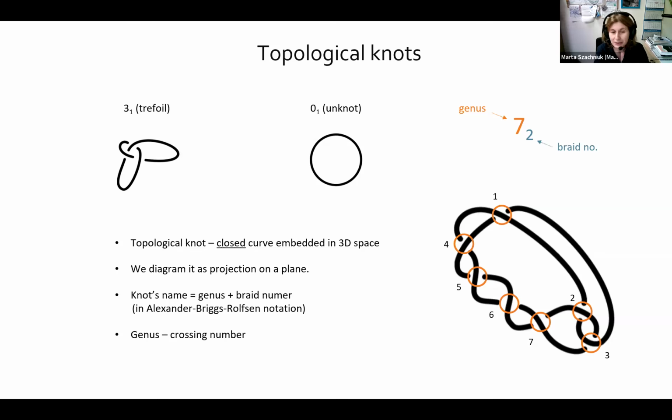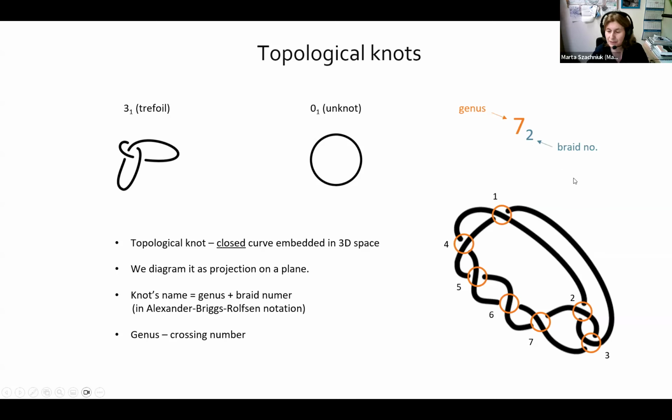And we can use, for example, Alexander-Briggs notation to denote the type of a knot, in such a way that we write the genus of a knot. Like for example here, with this knot we can see on the right side, this is the 7-2 knot, meaning that the 7 is the genus, the crossing number, since we have 7 crossings here, and the 2 is a kind of braid number.